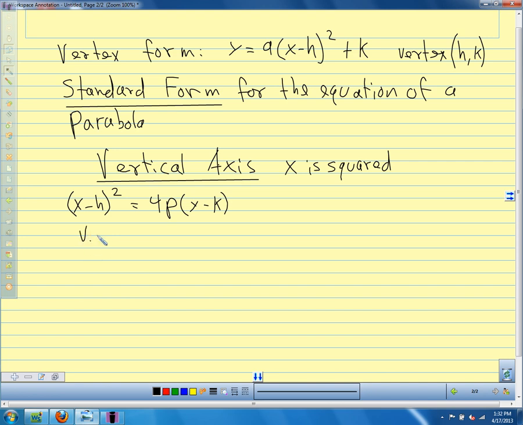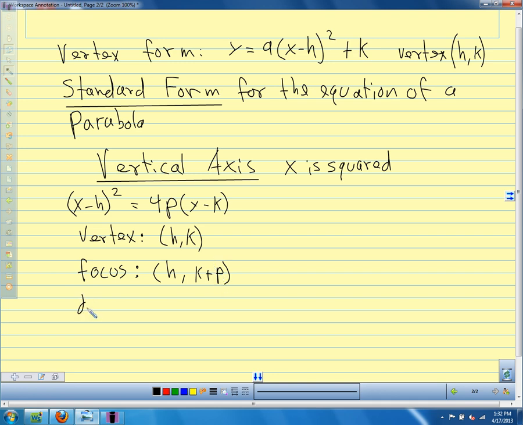Our vertex is at the point (h, k), just like it was in vertex form. Our focus is at the point (h, k plus p). So p tells us how far away the focus is from the vertex.